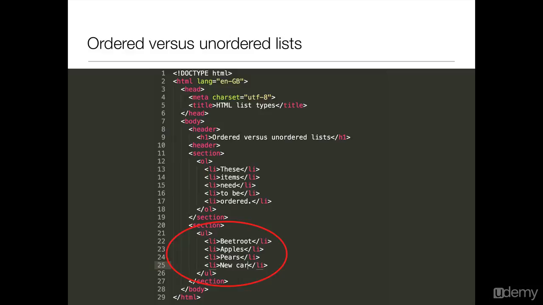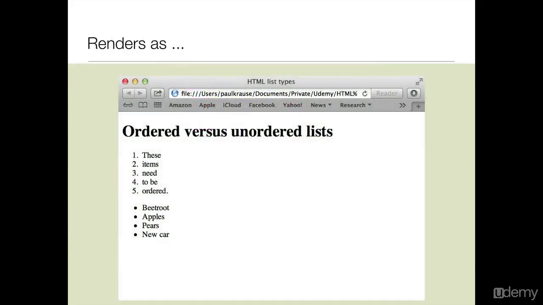So those, when rendered in a browser, look somewhat different by default. Of course, you can alter the styling of these, but the ordered list will by default come out numbered, and the unordered list will come out as just bullet pointed items.